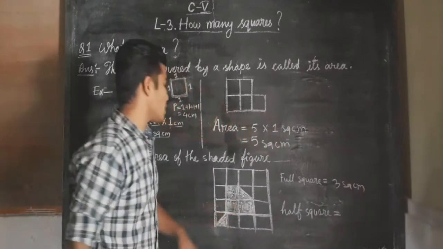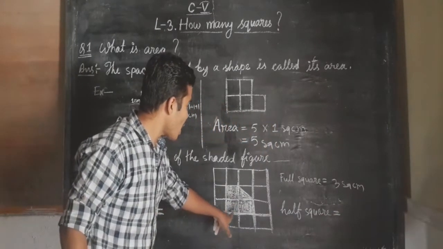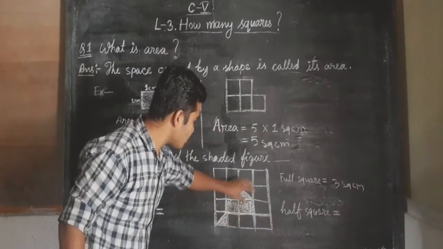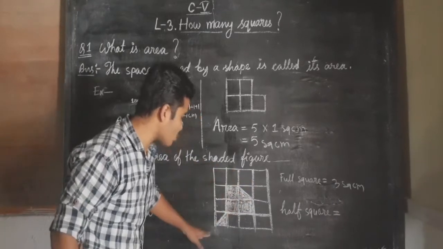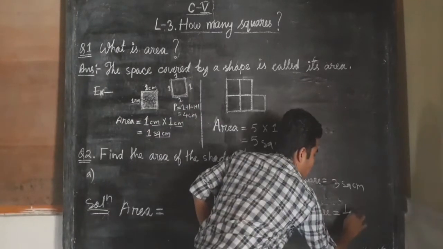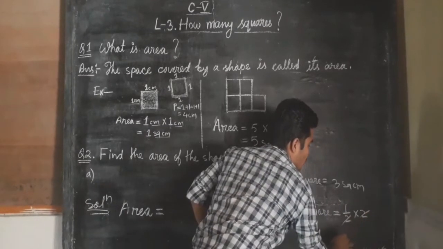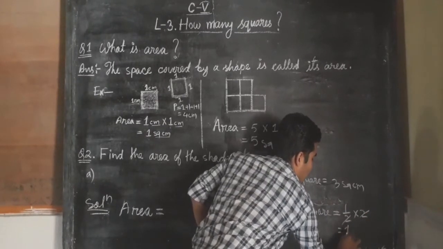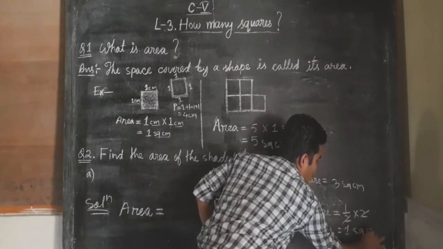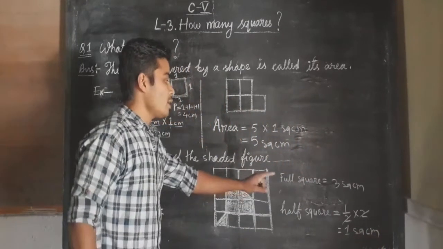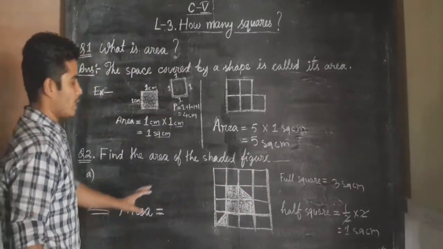So 3 full squares are there, and I have 2 half squares. You can see this full square is half, and here also half. If we have 2 halves, then the 2s cancel and we get 1. So 2 halves make 1 square centimeter.